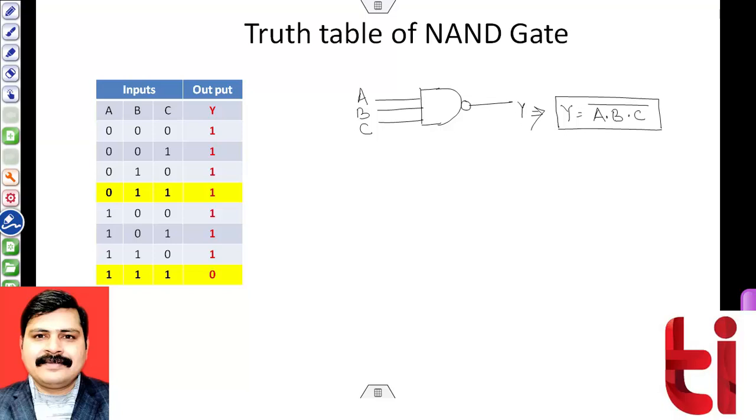So correspondingly output will be 1. And there is only one case when all inputs have been at 1, 1, 1 logic, then you can check my output is 0.